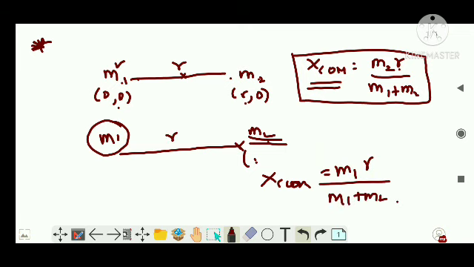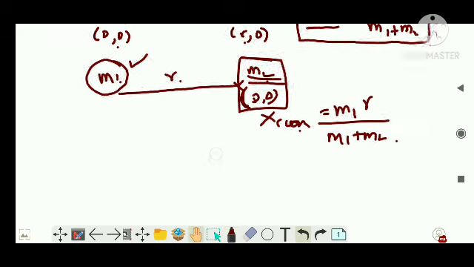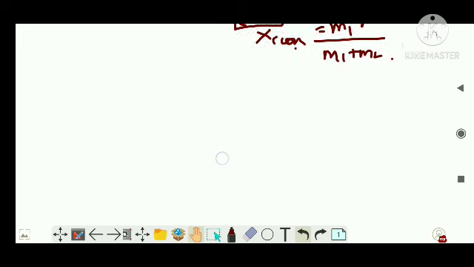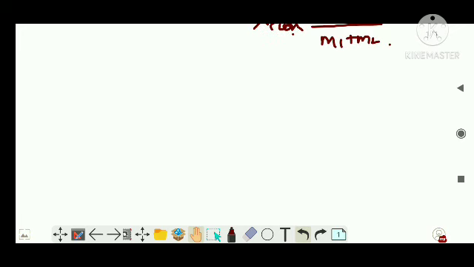So from whom you want to measure the center of mass, that is the guy who becomes the origin. So you have to write the equation in such a way that x center of mass is equal to the other mass. You are taking m2 as origin, so the other mass is m1, m1 into r divided by m1 plus m2. Simple, right?